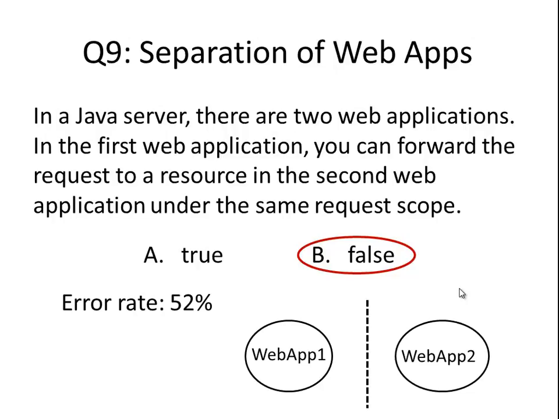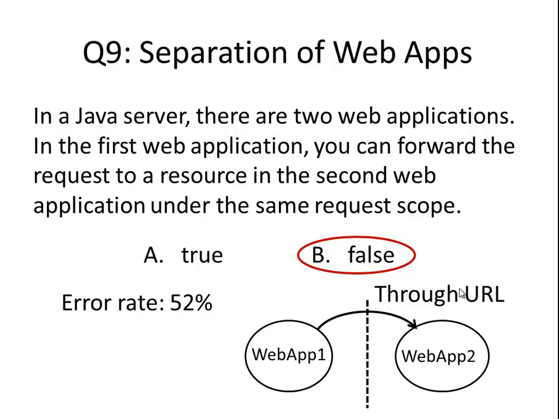So let's look at the detail. Here, suppose we want to access a resource in web application 2 from web application 1. There are 2 possibilities. The first one, we can do it through URL.